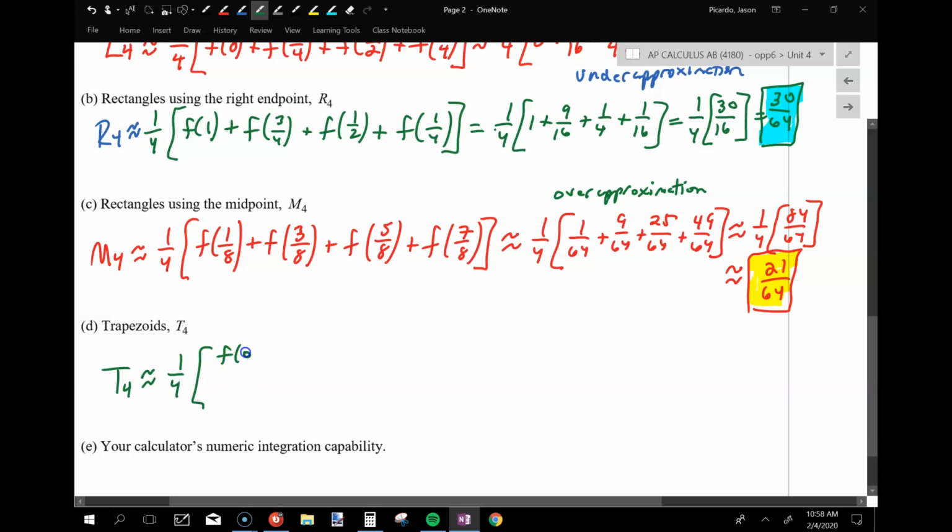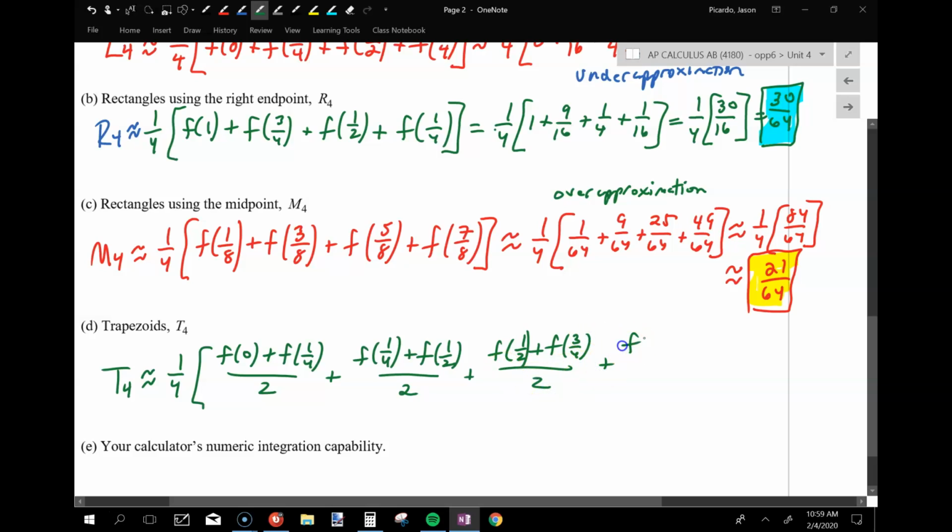So it's going to be F of 0 plus F of 1/4 divided by 2, and then F of 1/4 plus F of 1/2 divided by 2, then F of 1/2 and F of 3/4 divided by 2. And so we do that one.